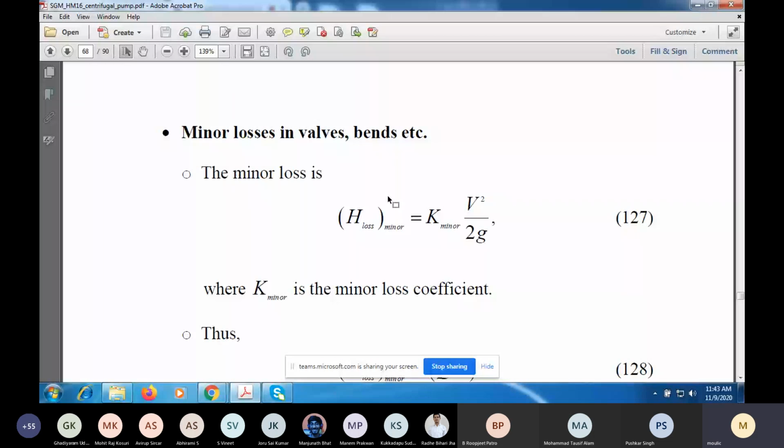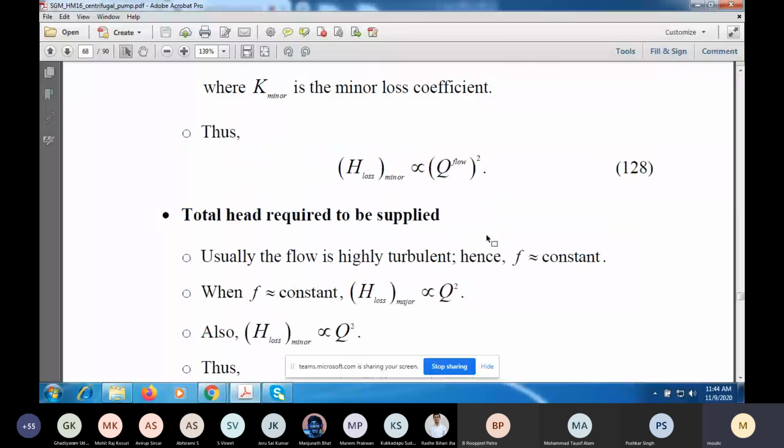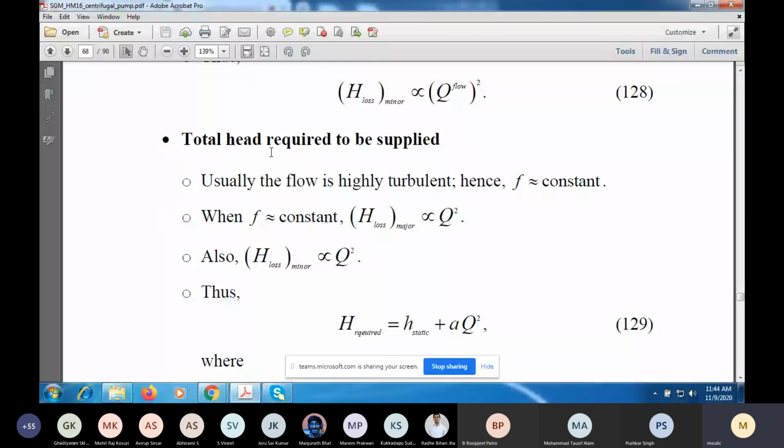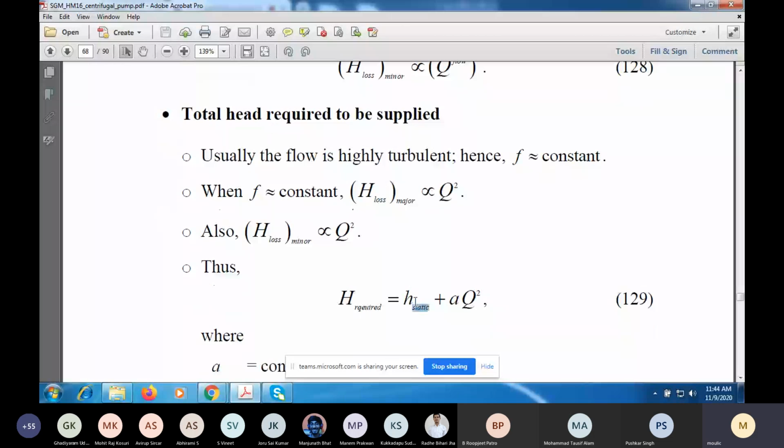Now the minor losses due to valves and bends have some loss coefficient which will be specified, multiplied by V squared by 2g. So what is the total head that is required? We have the static lift, which is a constant, and the head losses are both proportional to Q squared, because in practice the flow is highly turbulent and F, the friction factor, is a constant.